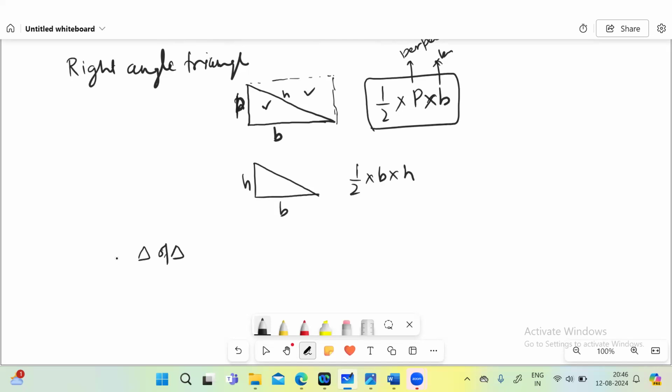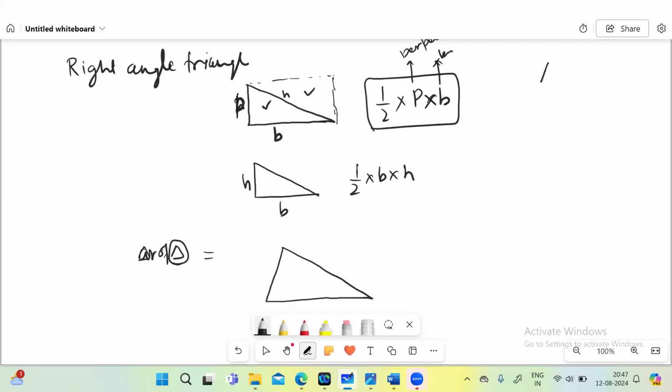This particular symbol represents any triangle. Let's say we have a triangle which is drawn like this. From the definition of a triangle, we know there are three sides, so all the three sides will have a corresponding height.